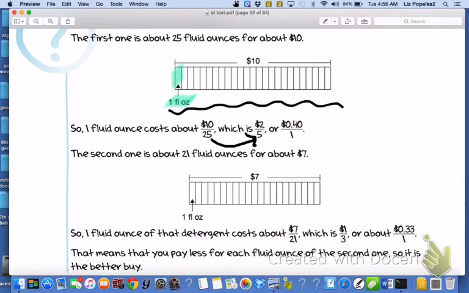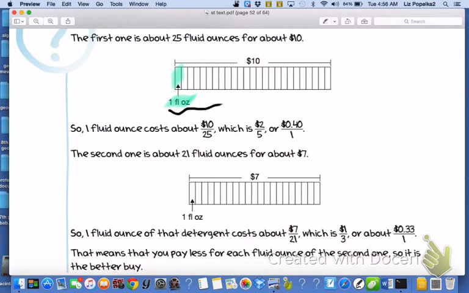And these are nice, easy numbers to scale down by. She scaled down from 25 to 5, so we know we're scaling down by 5. Then she scaled the top down by 5 as well. 10 divided by 5 is 2.